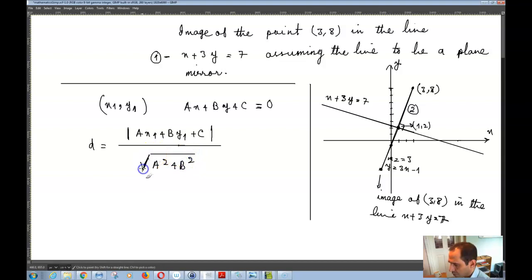Now we know this. If I use the distance formula, I can find the perpendicular distance of these 2 points, and that should be the same thing as the distance between this point and this point.